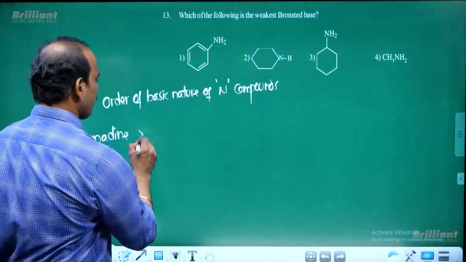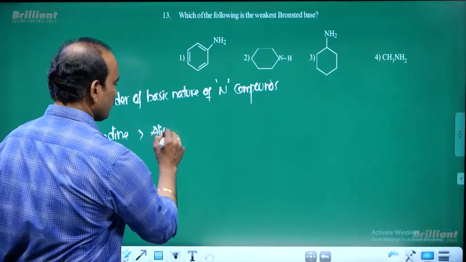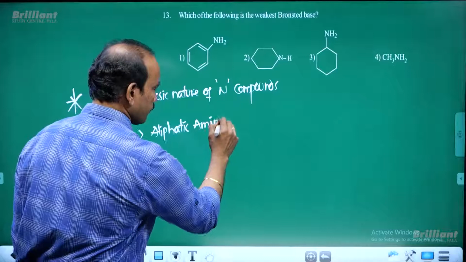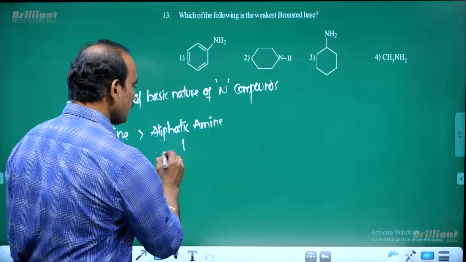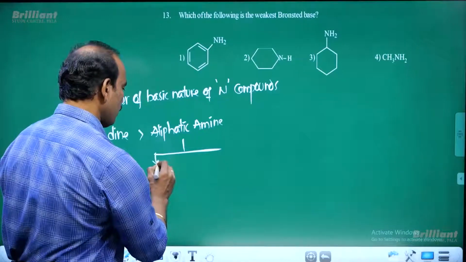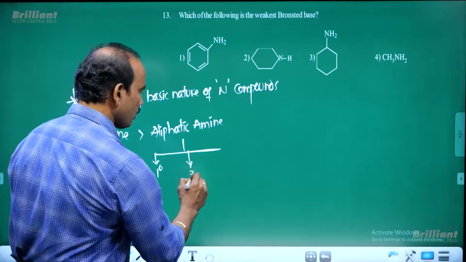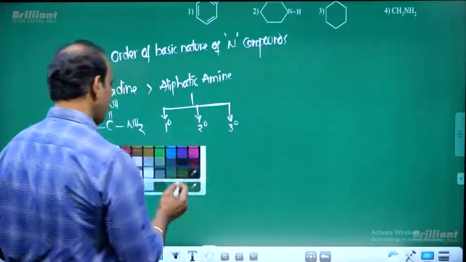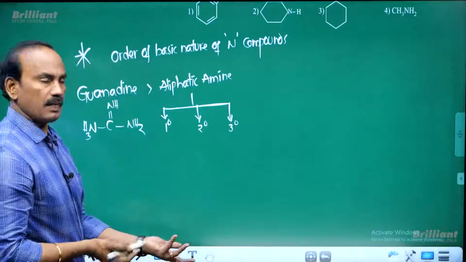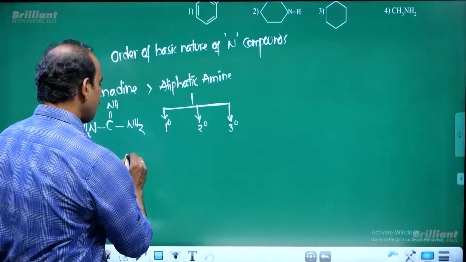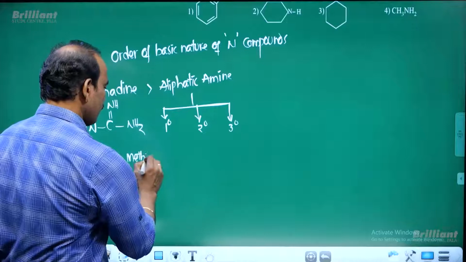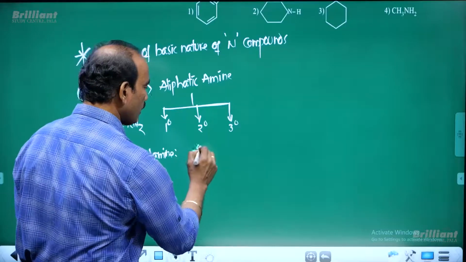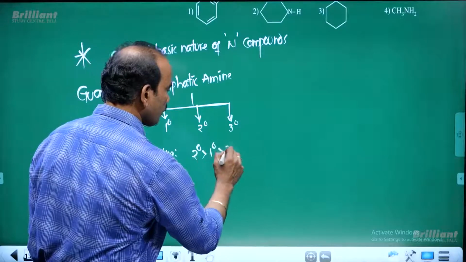Next one is aliphatic amines. Again, different categories are there: 1 degree, 2 degree and 3 degree amines. For methyl amines, 2 degree greater than 1 degree greater than 3 degree.